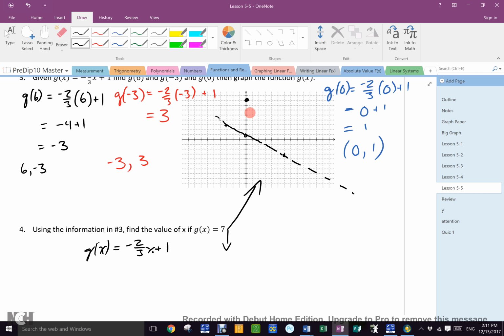And you can see between the points negative 3, 3 and 0, 1 that you have to go backwards 3 and up 2. And I just did that twice to get to 7 on the y-axis. Up 2, over 3.